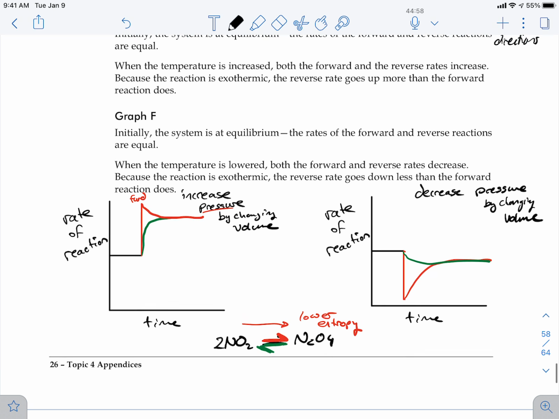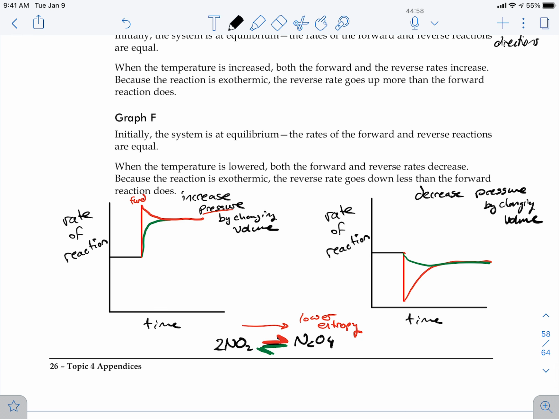Now, one thing that's missing from this graph is a rate of reaction graph for pressure. So if you add pressure, it's like you are increasing concentration. So the forward reaction, the red one here, will be more affected because you are increasing the pressure on these NO2 particles, and you're decreasing the favorability of having more particles.